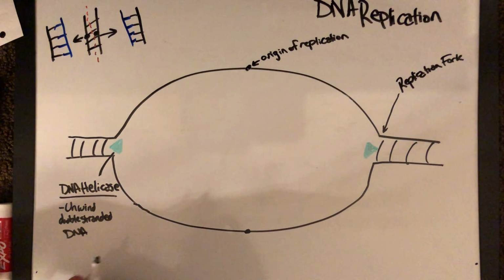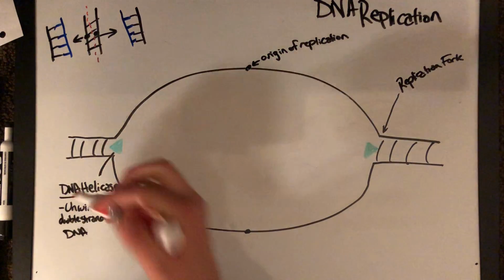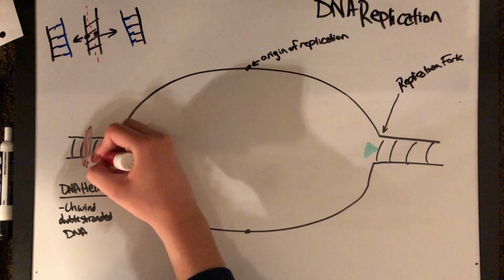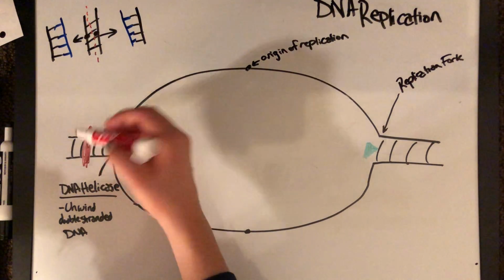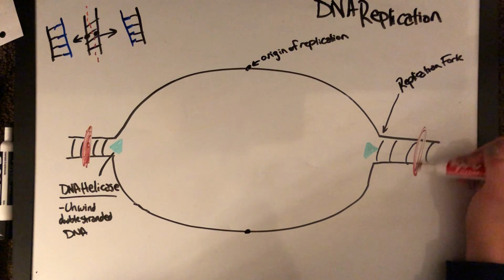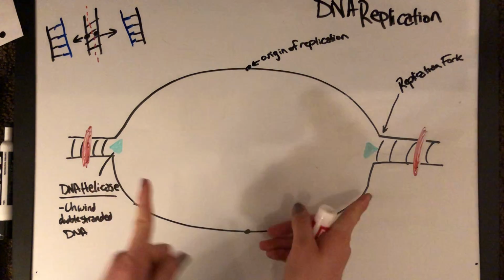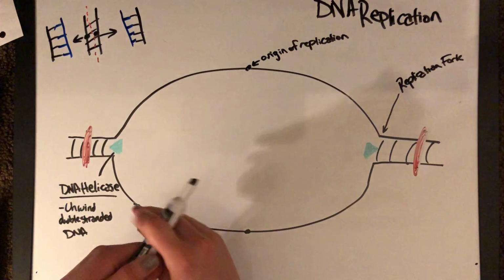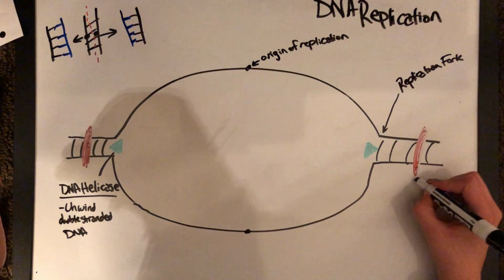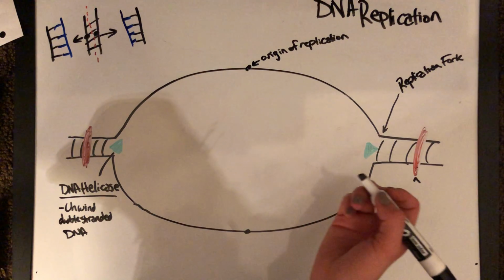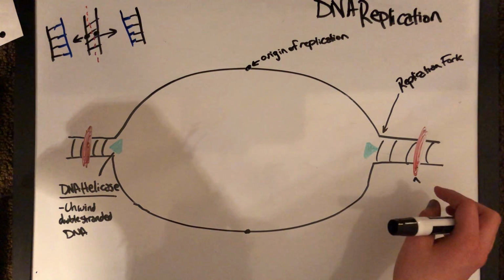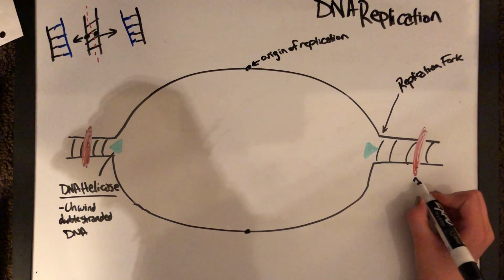As it's doing that, we have topoisomerase. I'm just going to draw a little another enzyme over here and over there because it's on both ends. Topoisomerase is going to unwind the DNA to relieve any stress, any torsional stress. So it's going to uncoil it.